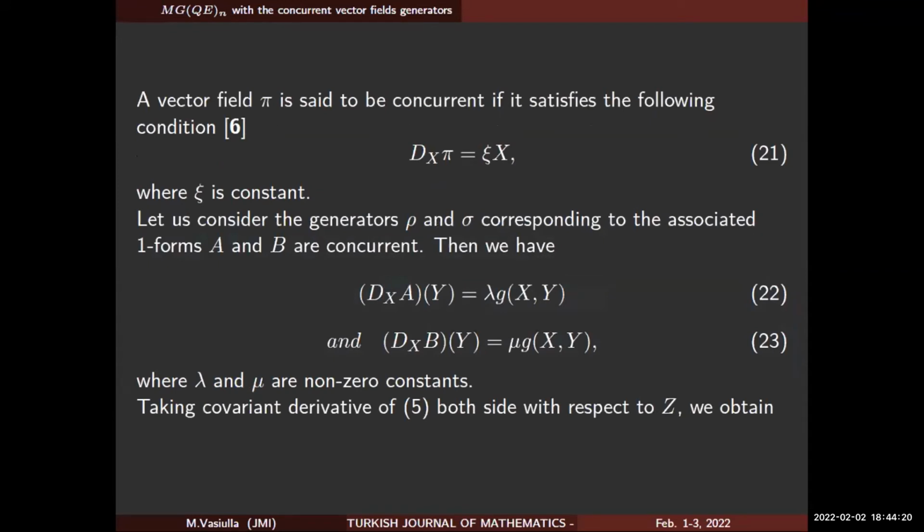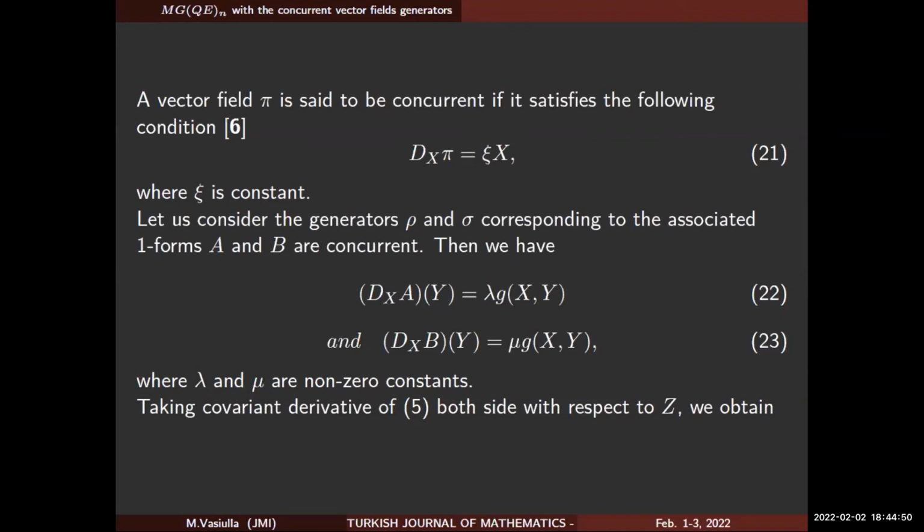Next, a vector field phi is said to be concurrent if it satisfies the following conditions, which is given in 21, where xi is constant. Consider the generators rho and sigma corresponding to the associated one forms A and B to be concurrent. Then we have 22 and 23, where lambda and mu are non-zero constants.